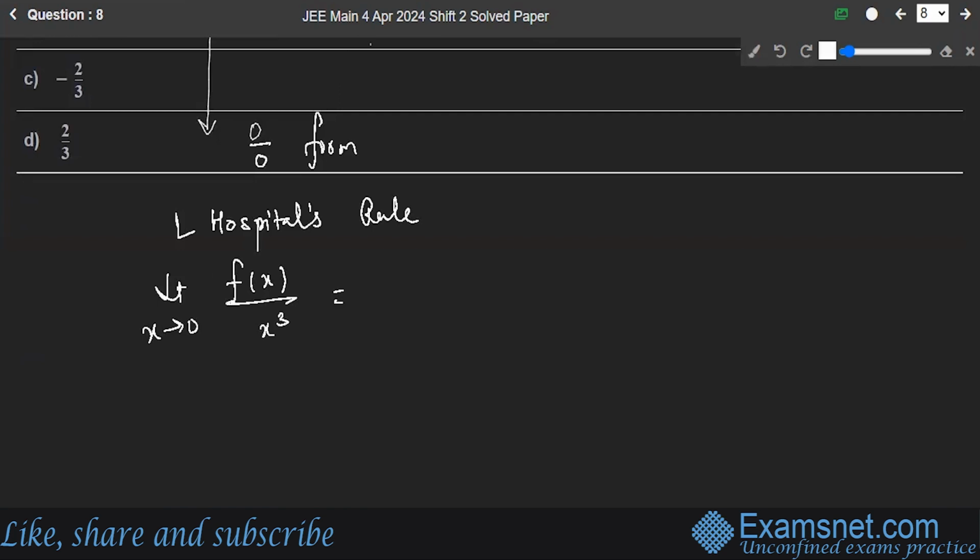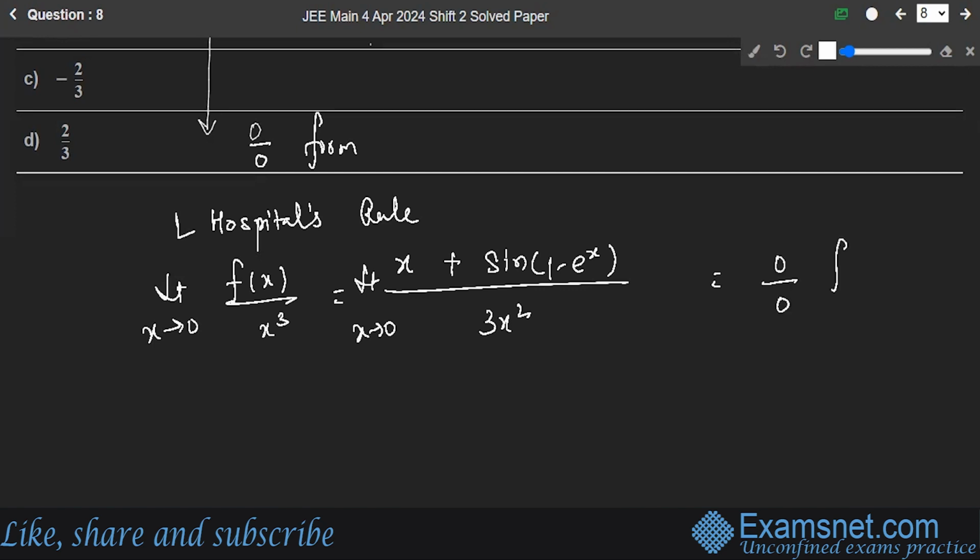This will come out as [x + sin(1 - e^x)] divided by the derivative of x^3, 3x^2, limit x approaching 0. So again, if I put x equal to 0, this is 0 upon 0 form.